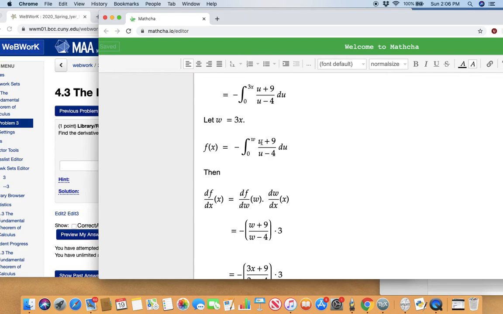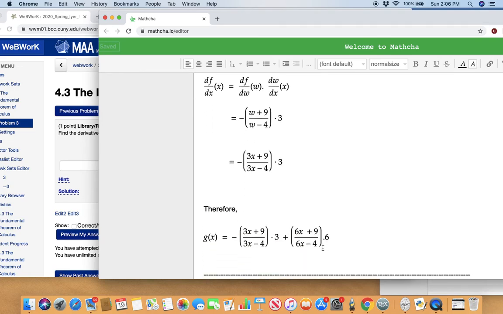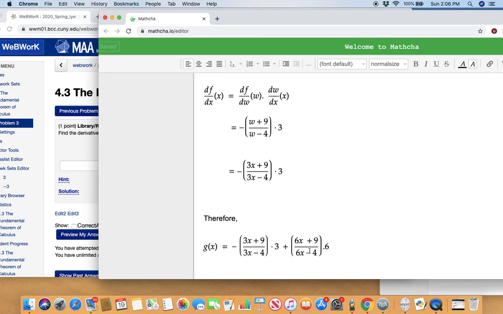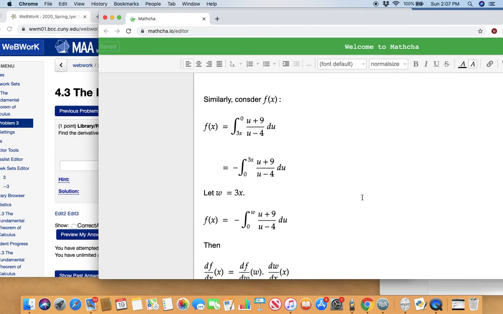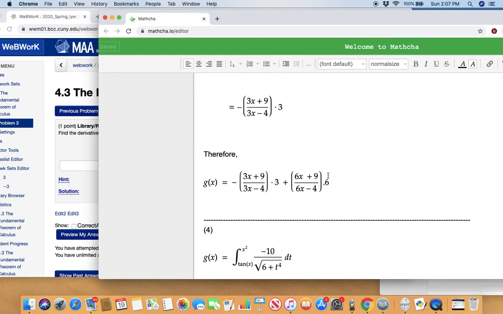So I replace the u by the w, everything. Don't forget the negative. (w plus 9) over (w minus 4). My question was in x, so don't forget to replace the w with the x expression. w is 3x, so negative (3x plus 9) over (3x minus 4), and this particular 3. So g is all of this: the derivative of f with respect to x plus the derivative of h with respect to x. All right, so this is my final answer.